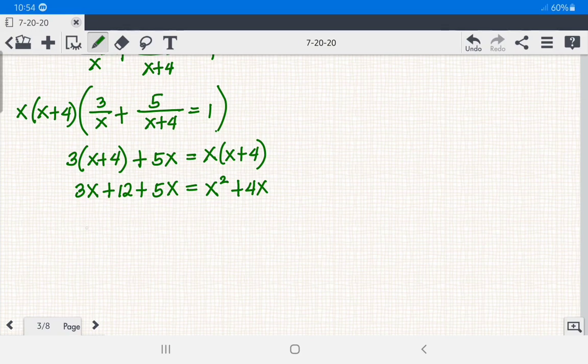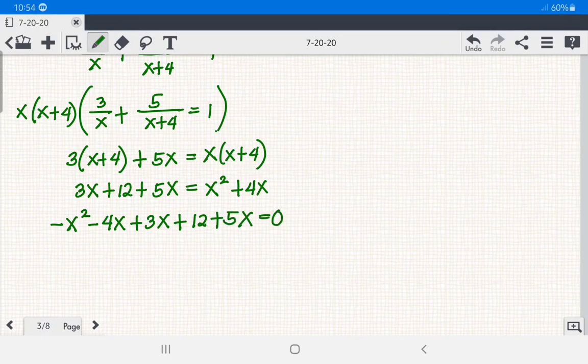So we have, let us transpose all the terms on the left side. So just change the sign, or we're going to make use of the subtraction property of equality. So we have negative x squared, then minus 4x, then plus 3x, then plus 12 plus 5x, then equals 0.